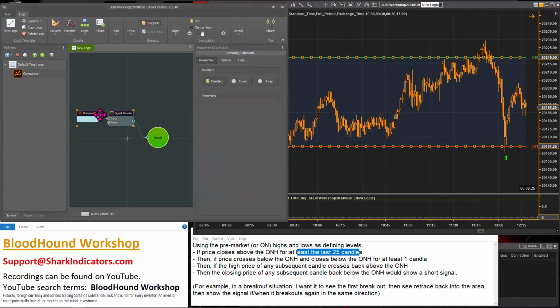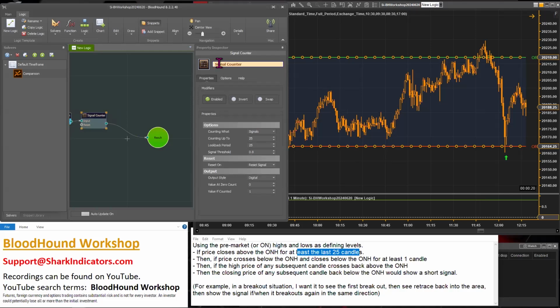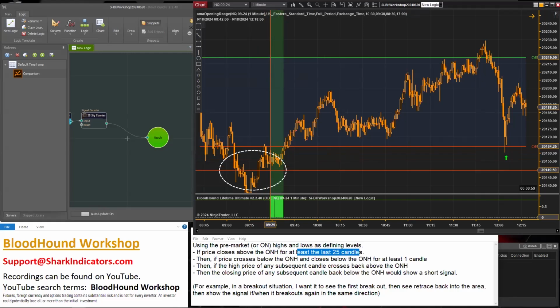All right, so we have our breakout, and it's always good to rename your solvers here so that you know what the node is set to. All right, so we're counting to 25. There. So we have our 25 bars outside of the range.